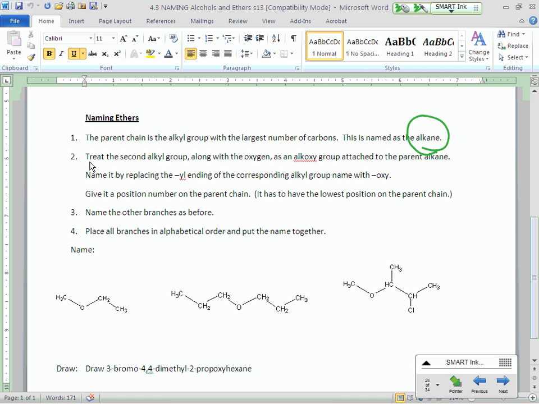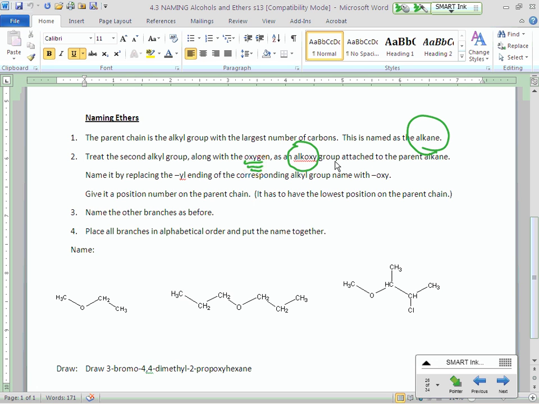The second thing is we treat the second alkyl group, the shorter one, and we give it the oxygen, and we give it a name called an alkoxy group. What a great name. All right? So we call it an alkoxy group. It's an alkyl group, carbon, hydrogen, et cetera, with an oxygen, and so it gets the name alkoxy.